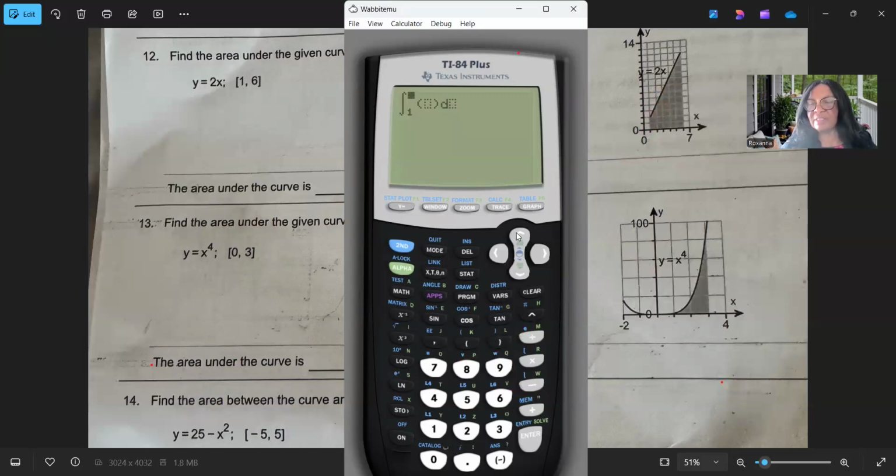The upper bound is 6. What is the function? The function to integrate is 2x. What is the variable of integration? It is x. Okay, now I am going to hit enter.